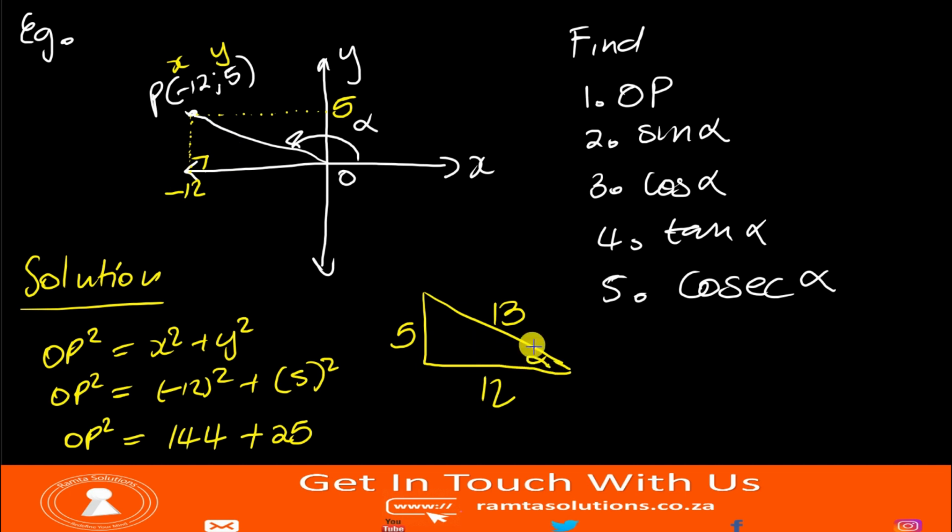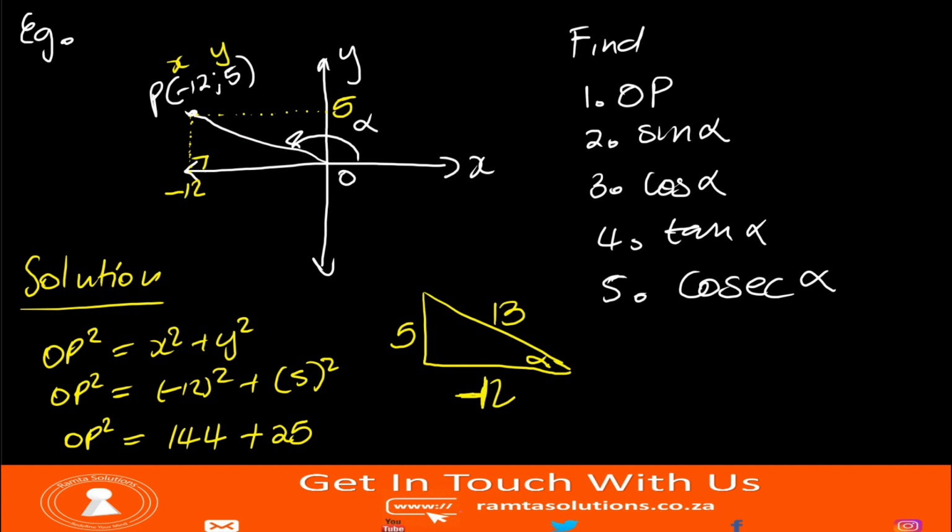For now, pay special attention here. This is a negative 12, but a distance cannot necessarily be negative. For now, just assume it looks like this, but I will be taking into consideration the negative.